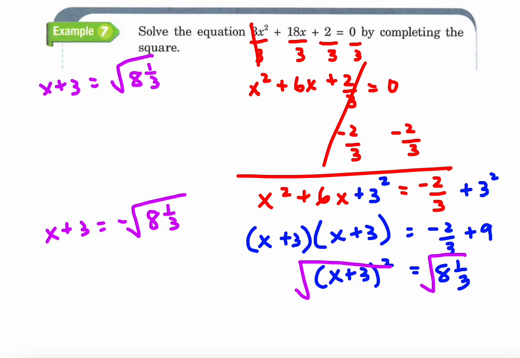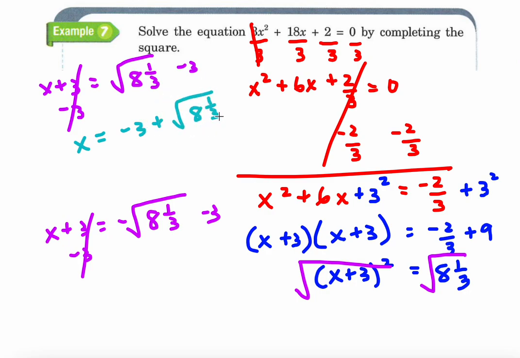Okay, and then we're going to subtract 3 from both sides to cancel. So then at the end, our answer would be x equals, let's put negative 3 plus the square root of 8 1/3.